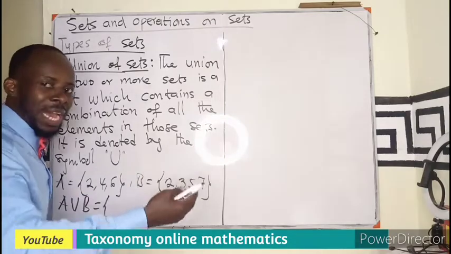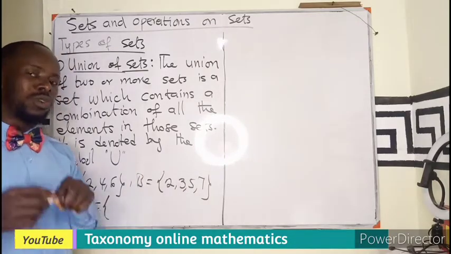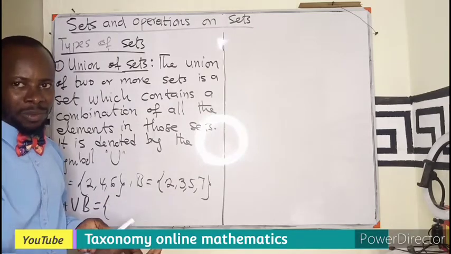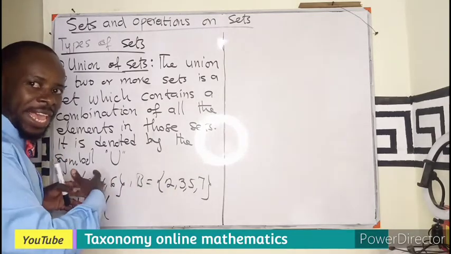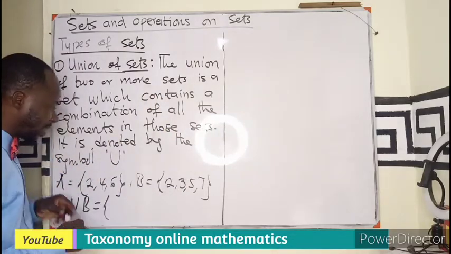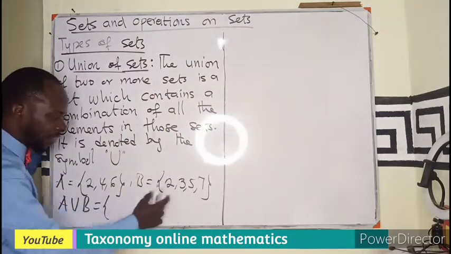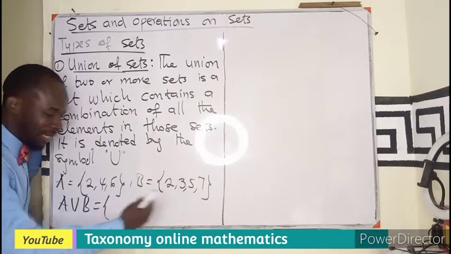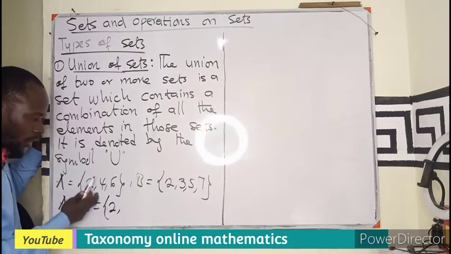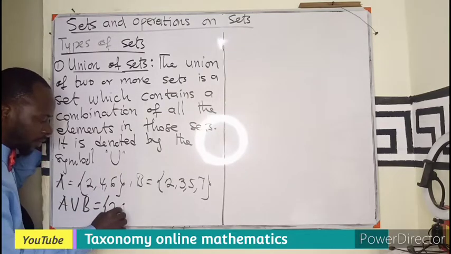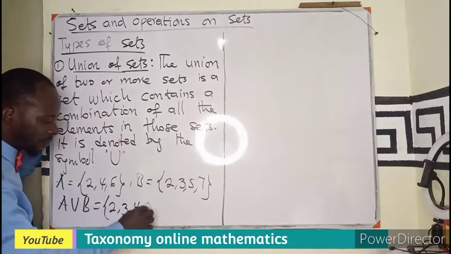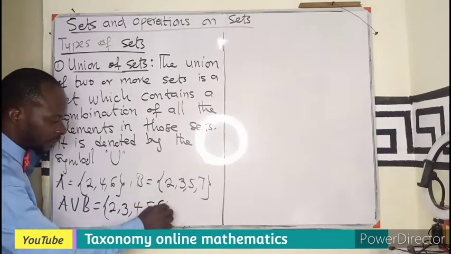But bear in mind that when you are combining, you write in ascending order without repeating any element. So if an element belongs to A and at the same time belongs to B, you write it only once. Combining these two sets, the smallest number will be 2, followed by 3, the next will be 4, then we have 5, 6, 7.